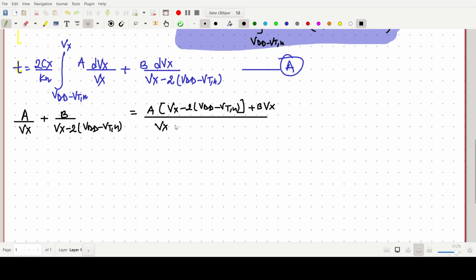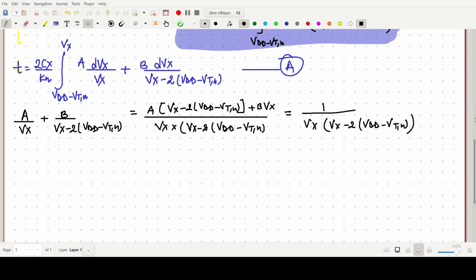Vx into Vx minus 2, Vx minus 2 plus Vtn, which is equal to 1 upon, we have written this one as A by this, which is basically our Vx into, simple.